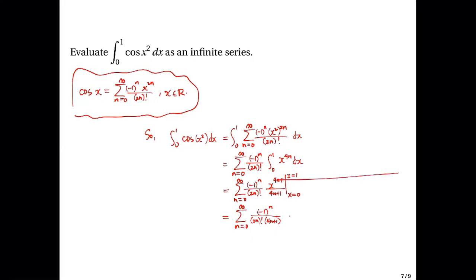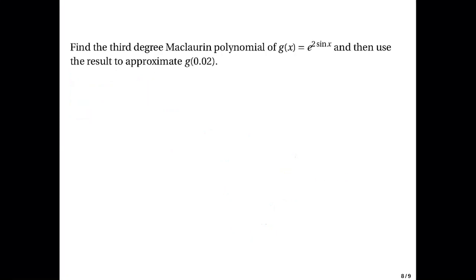For this example, we want to find the third degree Maclaurin polynomial of g of x equals e raised to 2 sine x, and then use the result to approximate g of 0.02. So first, we need to find the Maclaurin polynomial for g of x.